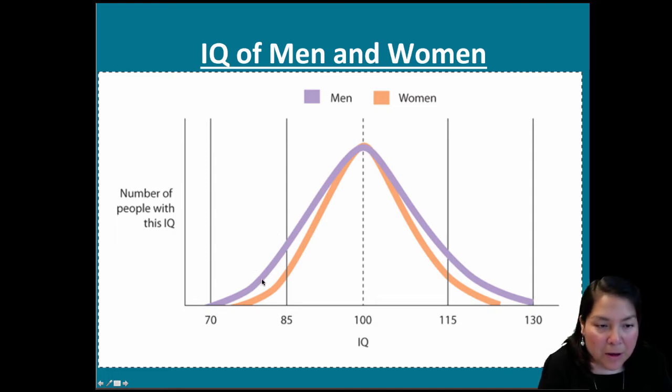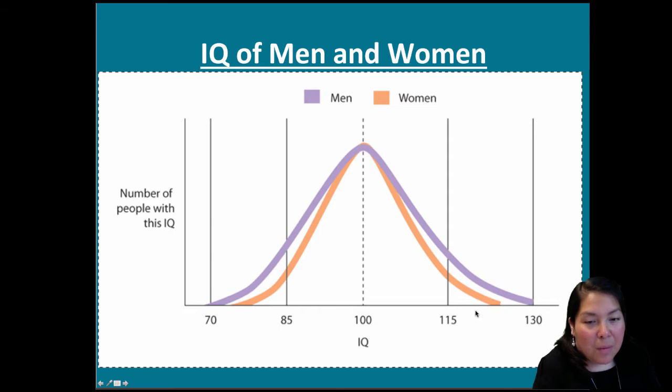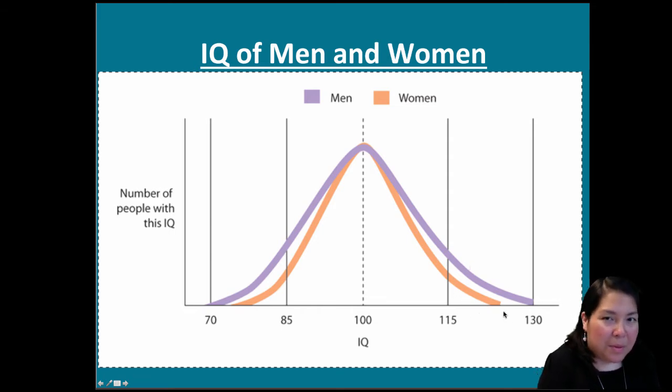Men's IQ scores extend from about 130 to 70, whereas women's IQ scores extend from about 124 to 78, meaning that men may have a larger proportion of people that score pretty low on their IQ, but also have more individuals scoring in the higher range as compared to women.